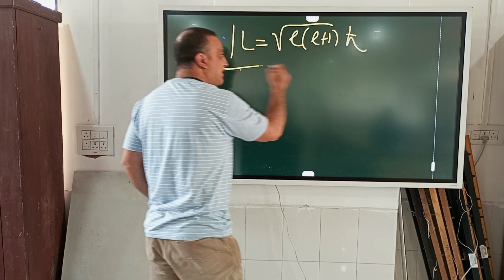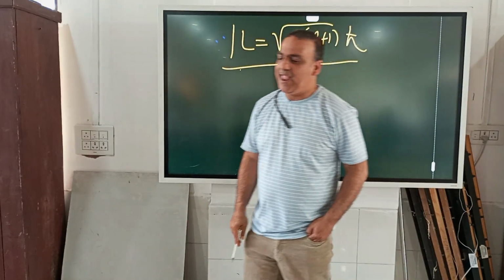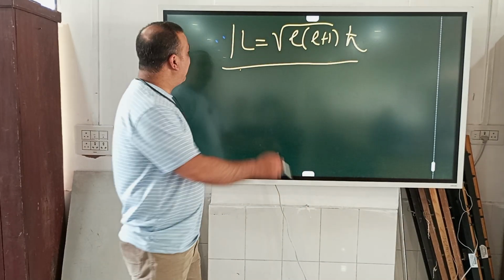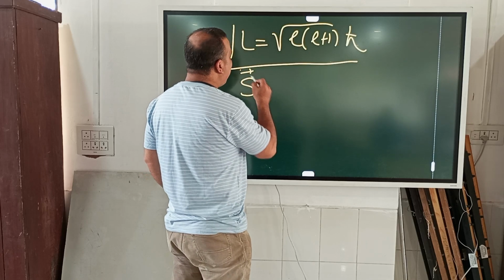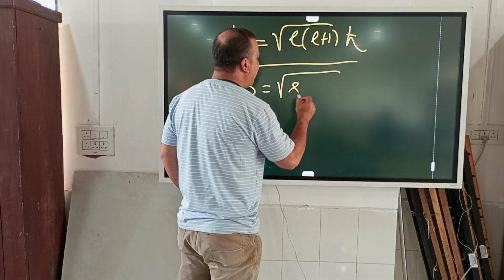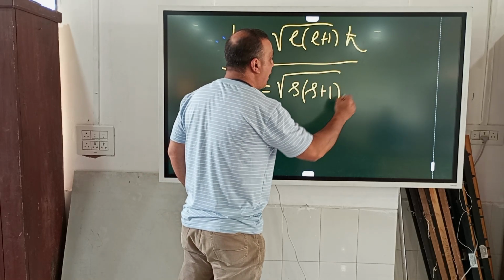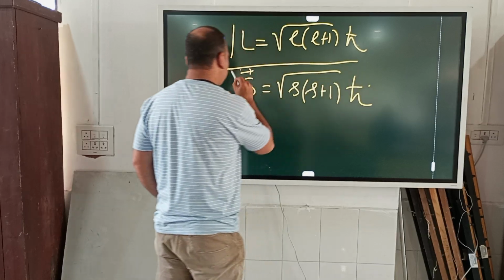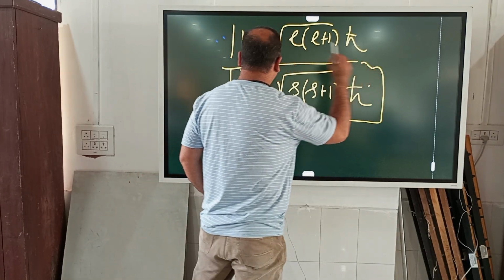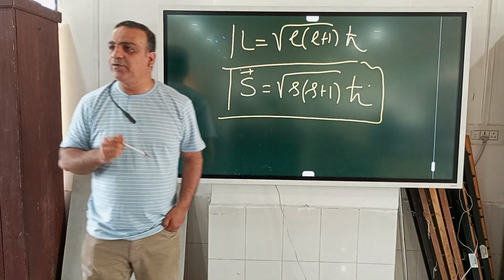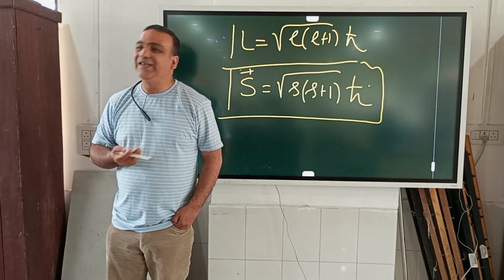You know where it has come from. And you can think of S as the square root of S times S plus 1, times h-bar. So this S is the representative of spin angular momentum.